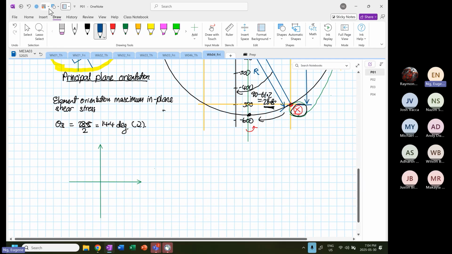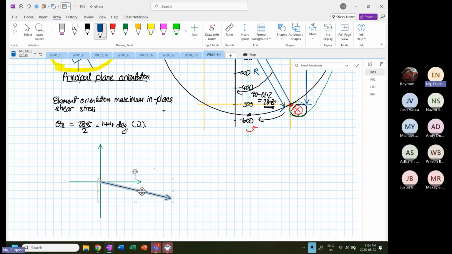Okay, so this is about 14.4. Okay, so the angle is rotating clockwise, 14.4.